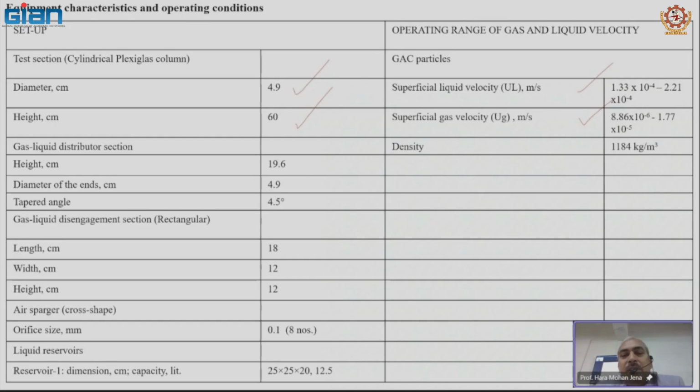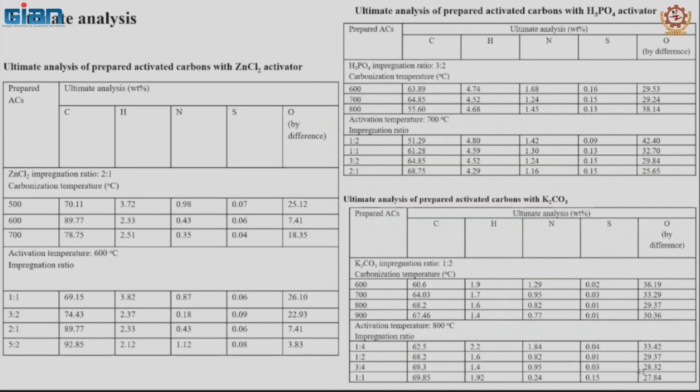The density of the particles used here is 1184 kg per cubic meter. Because of the biomass loading, the particles are of this. Otherwise, ordinary activated carbon, the density will be a little more. So after the preparation, the activated carbon is analyzed again. Ultimate analysis of that is done. So in the ultimate analysis, you can see the carbon percentage, how much carbon.